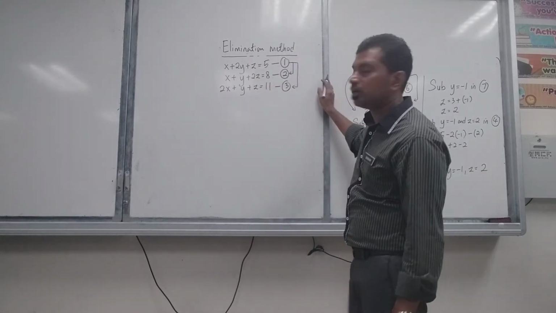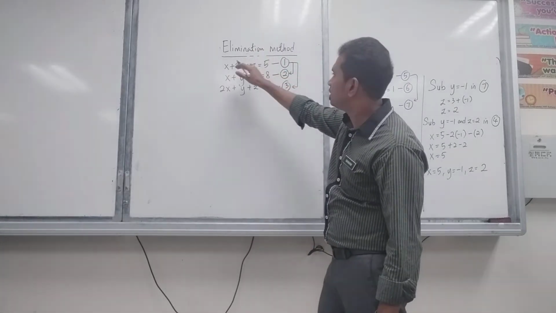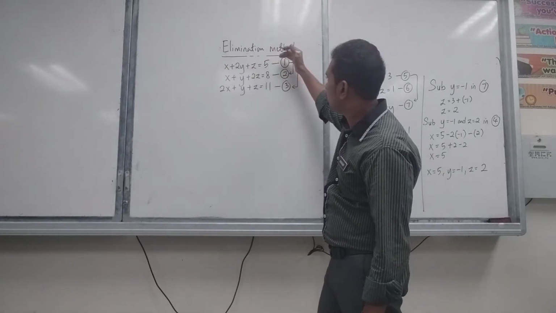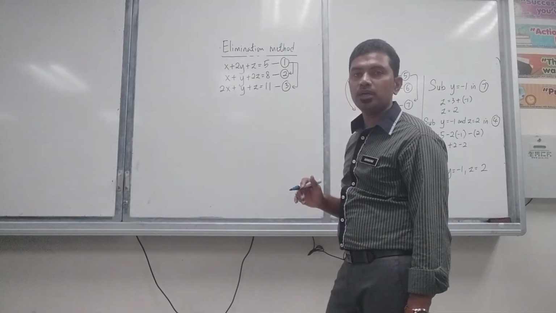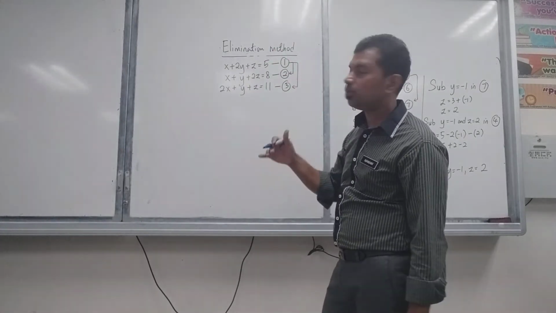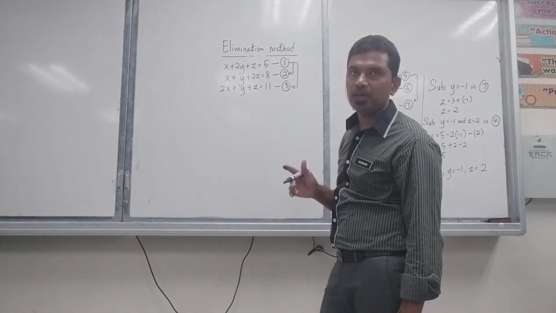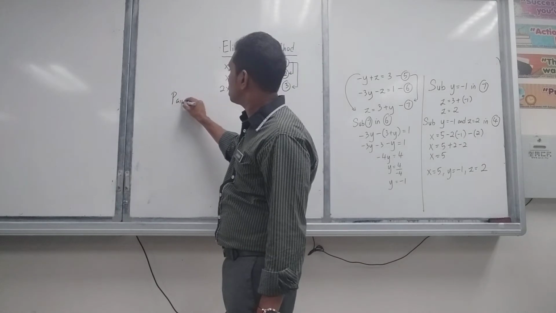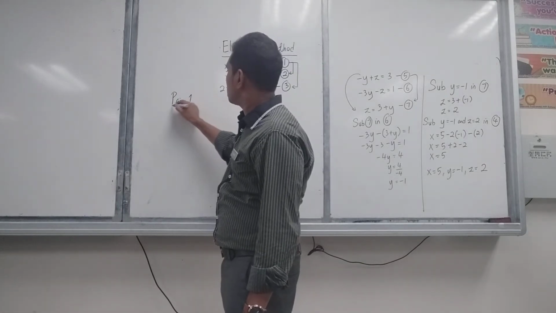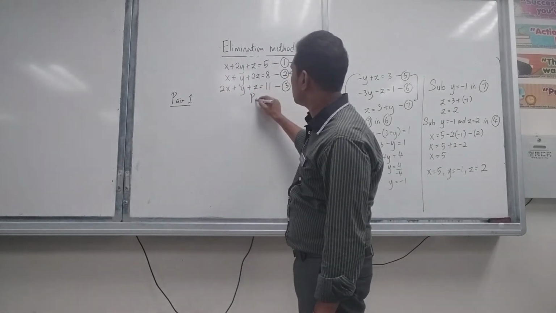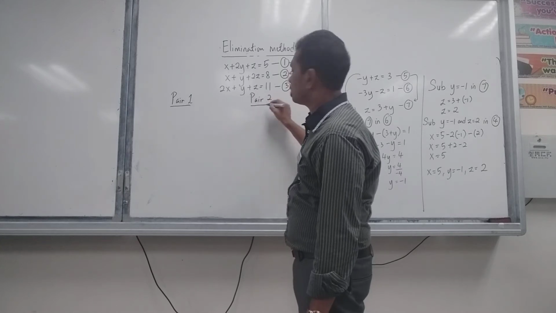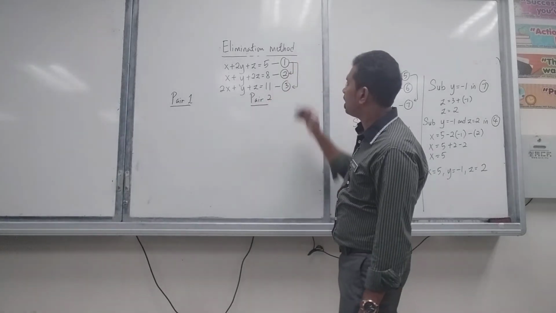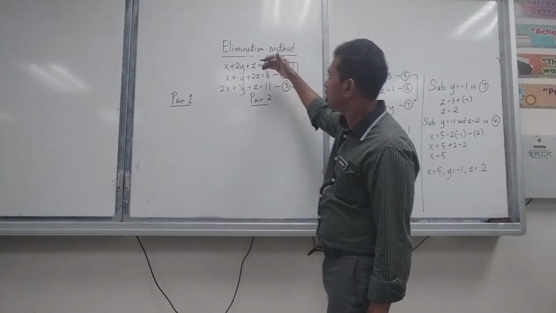Elimination method. Basically, you have to label it 1, 2, 3. Same like just now. And again, choose the pairs. Pair 1, pair 2. Then you choose another pair. Okay, we have two pairs. First pair, you take the simple one and the difficult one.